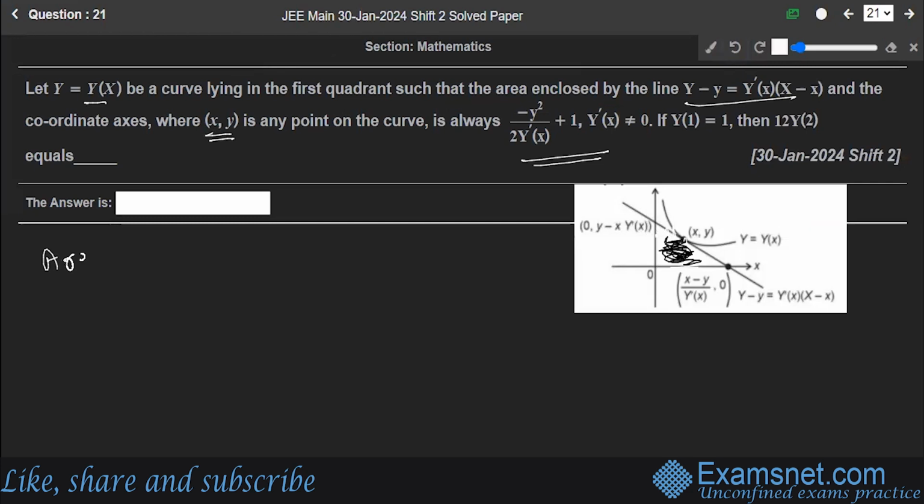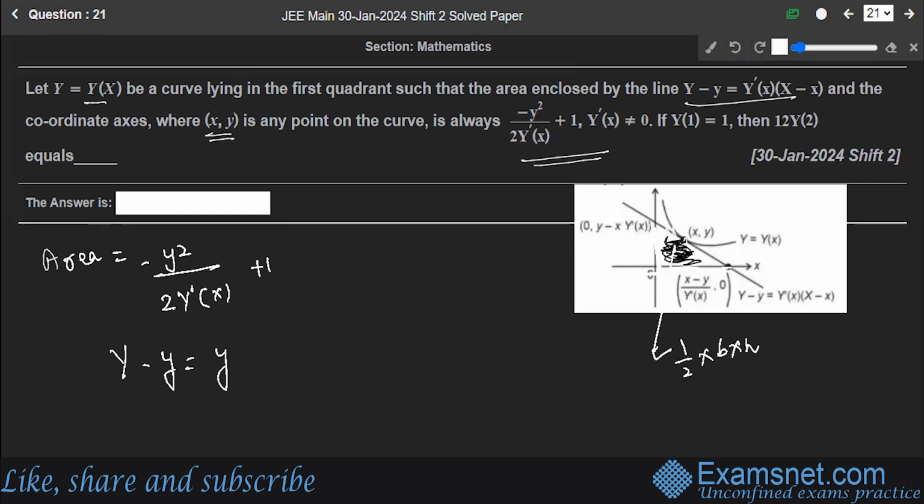So now we are given the area is equal to minus y square upon 2y dash, plus 1. You know, area of the triangle is given by half into base into height. So this is your base and this is your height. For finding the base and the height, what I need is the point of intersection of the line with the coordinate axis. What is the equation of the line given to you? It is Y minus y is equal to y dash into X minus x.